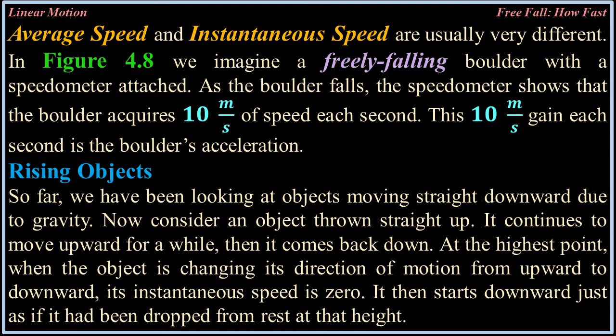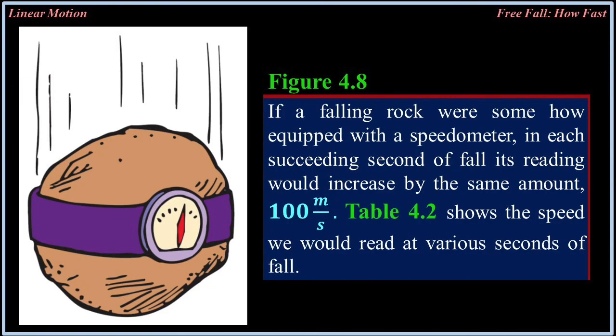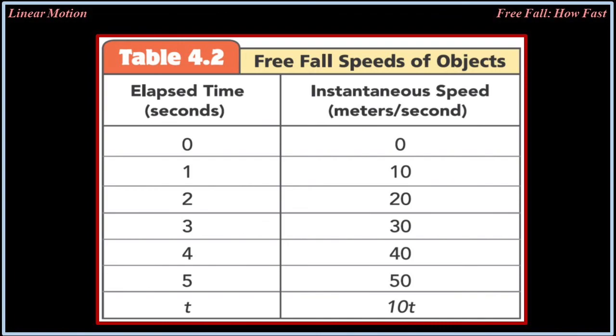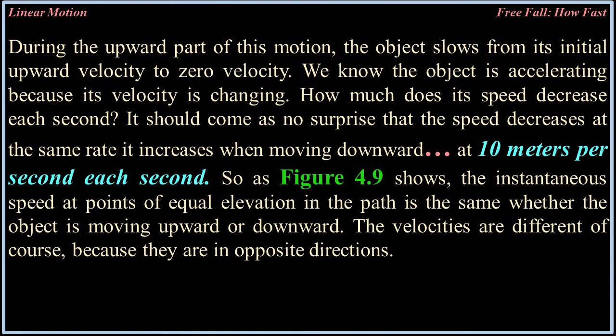At the highest point, when the object is changing its direction of motion from upward to downward, its instantaneous speed is 0. It then starts downward just as if it had been dropped from rest at that height. Here's figure 4.8 once again for your perusal, and here's table 4.2 again for your perusal.